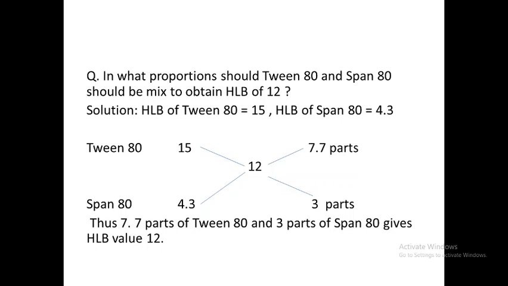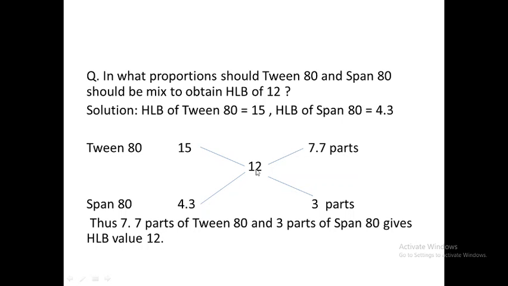You can calculate this using the alligation method. The HLB values of Tween 80 and Span 80 are known. The HLB value of Tween 80 is 15 and the HLB value of Span 80 is 4.3. So just put the values here: HLB of Tween 80, 15, and HLB of Span 80, 4.3, and at the center put the desired HLB value of the mixture, which is given, 12.